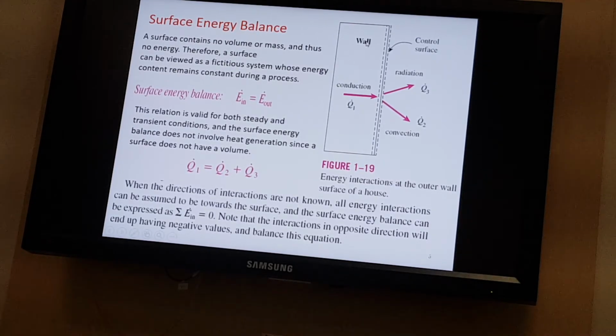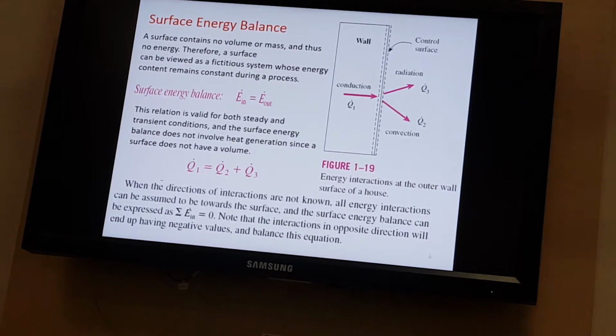Here is just a schematic to show a very simple case, right? When choosing the control volume along the surface, you have a control surface. So in that case, energy in equals energy out. Energy in, Q1, is conduction, which can be expressed by the Fourier law, right?